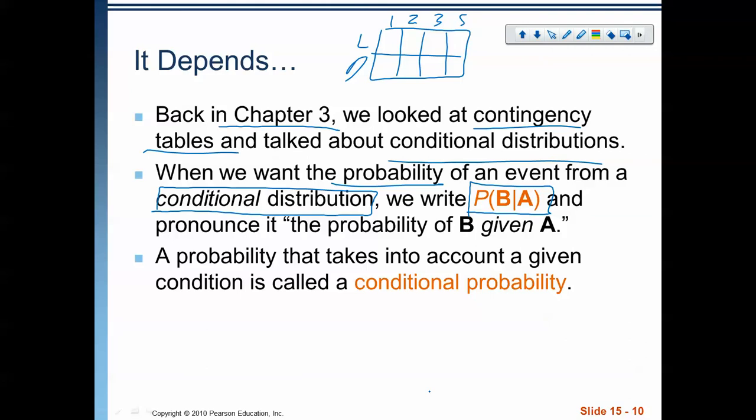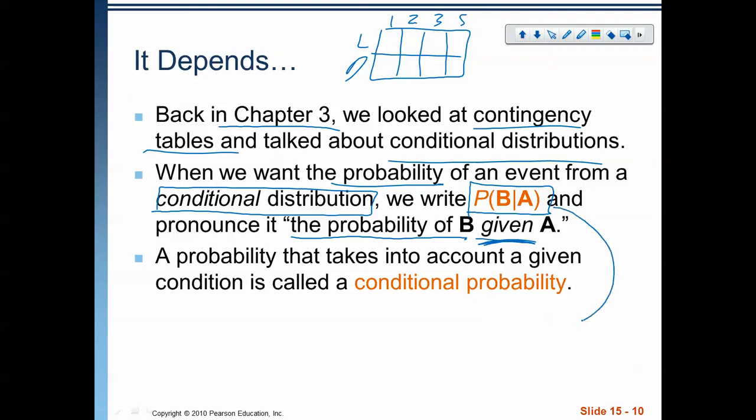That's P of B given A. Okay, but what that means is the probability of B given A. So what's the probability that event B will happen given that we know event A has happened? A probability that does take this condition into account is called conditional probability.